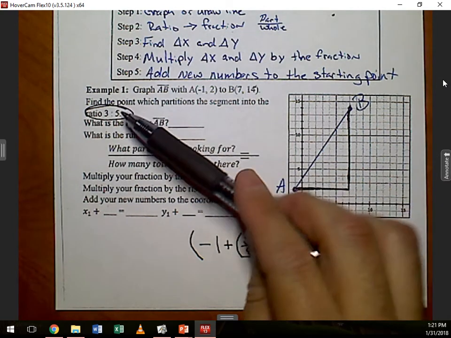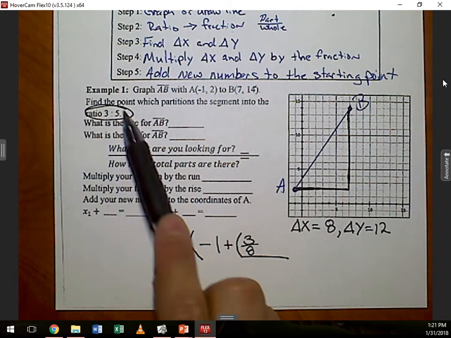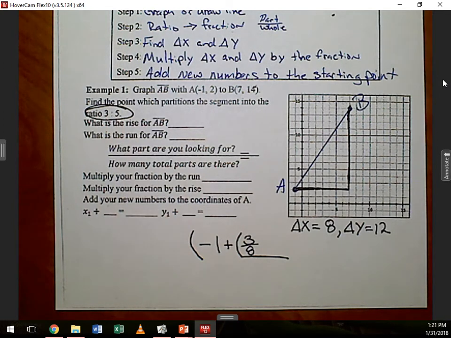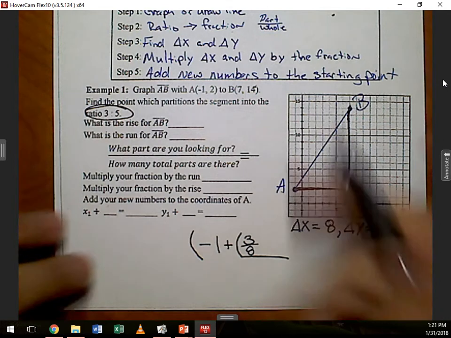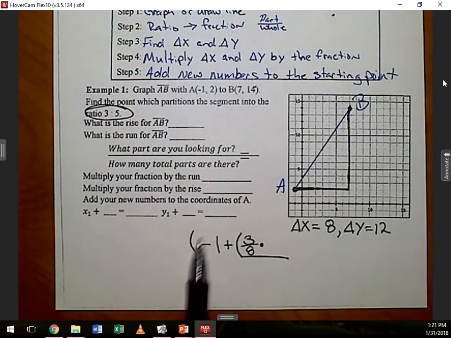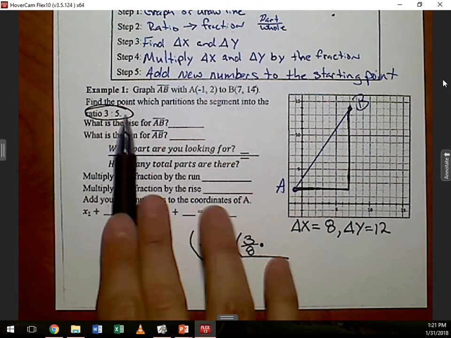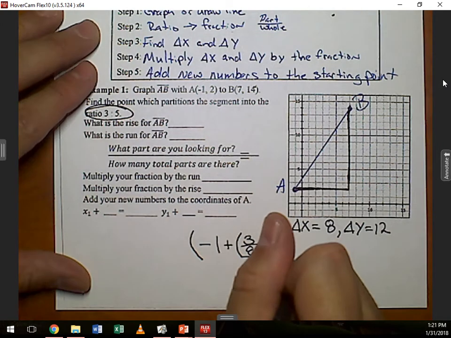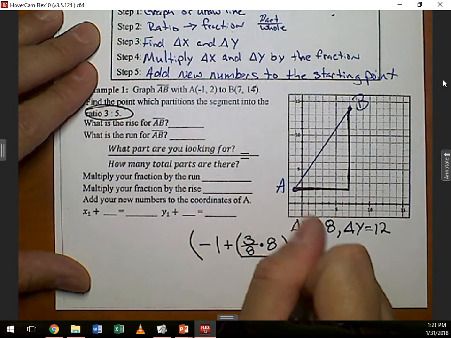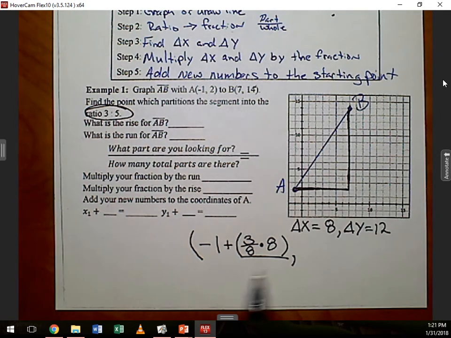It's right here, because it's 3, this is what I'm looking for, out of the total 8. 3/8 times, since this is going to be my x coordinate, what do I have to multiply my fraction by? 8. Very good. Close the parentheses. Comma, because all this is going to be my x coordinate.